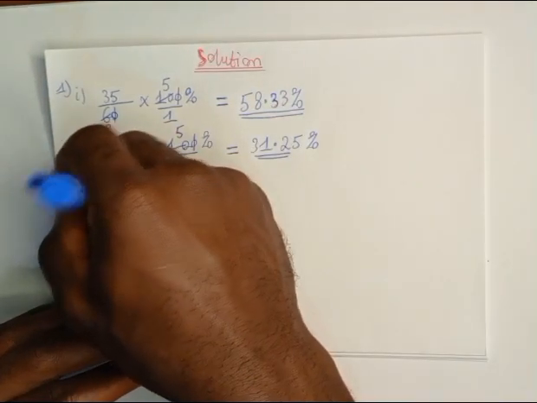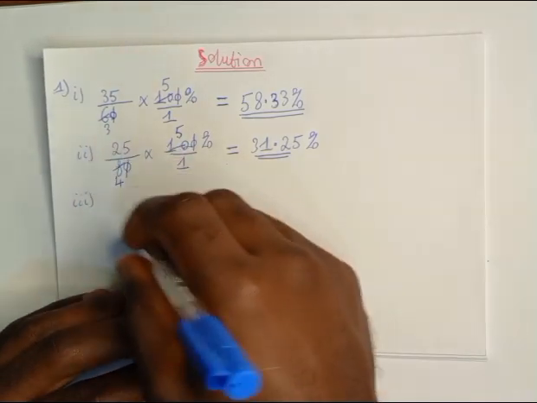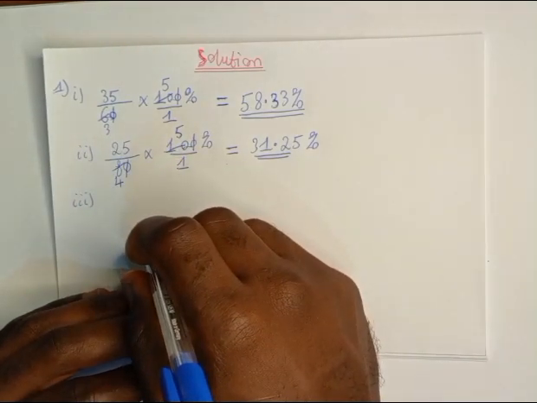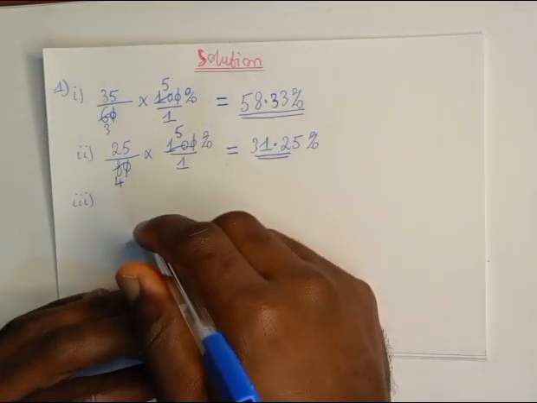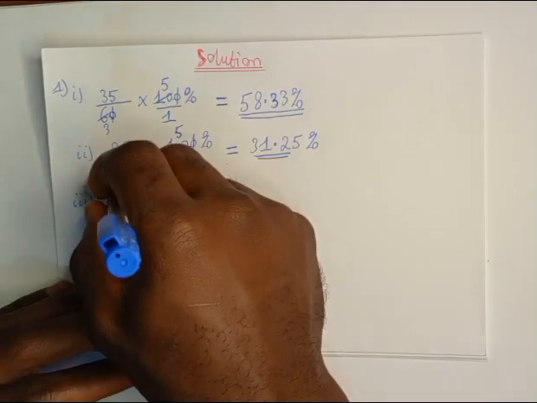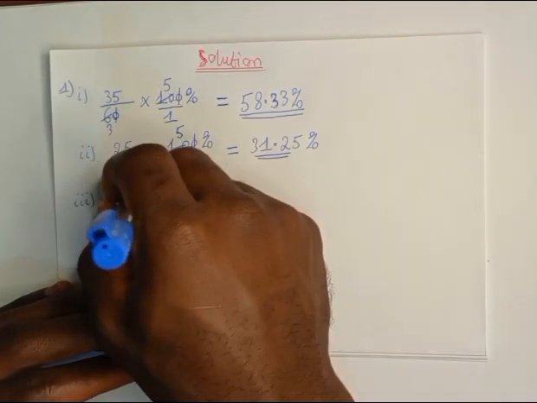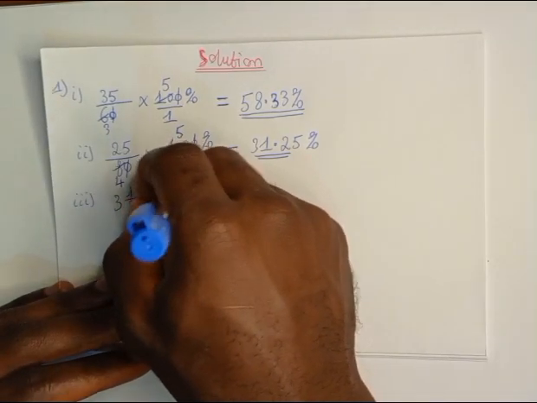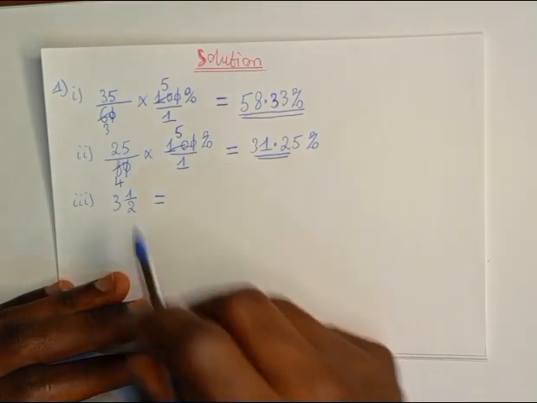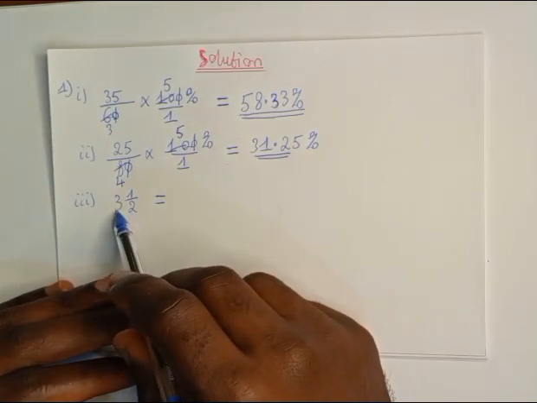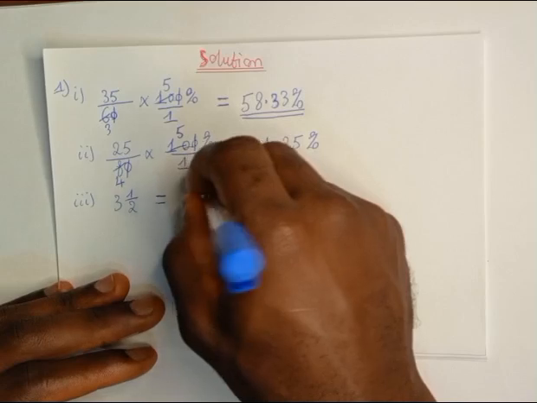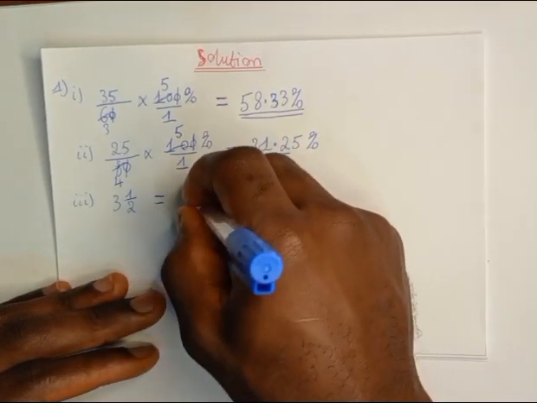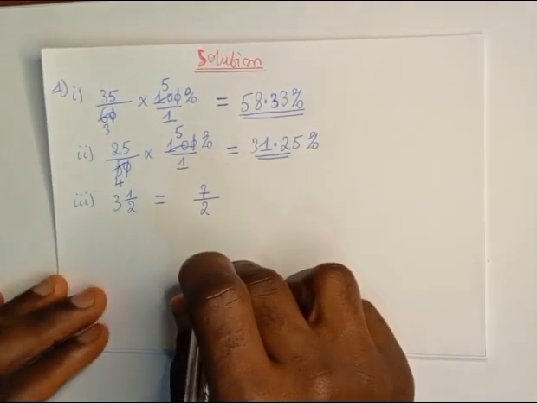We go to 3. 3 says 3.5 out of 60. First thing, we are going to start by converting the fraction 3.5 as an improper fraction. 2 times 3 gives us 6 plus 1, 7 on 2.